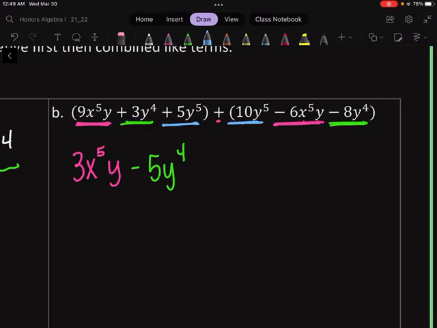That's positive 5y to the 5th plus 10y to the 5th, and ensure that is 15y to the 5th. So if you see here, ladies, I do not add any exponents, right? I do not do anything with the exponents besides look at them and combine the terms that have those like exponents. Yes?